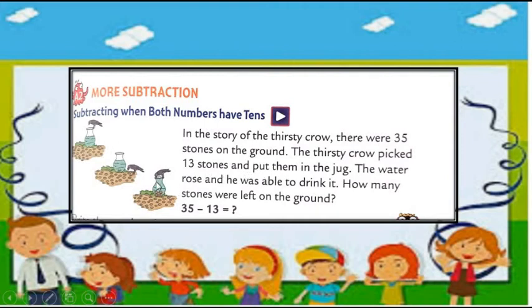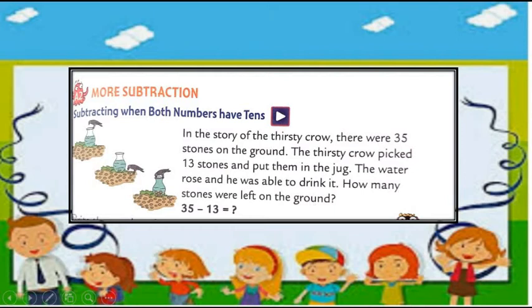Look, in this picture you can watch it. Here is the crow, the 35 stones. Out of that it picked up 13 and put them in the jug. After picking 13 stones, water rose and he was able to drink it. So now we have to find out how many stones were left on the ground.